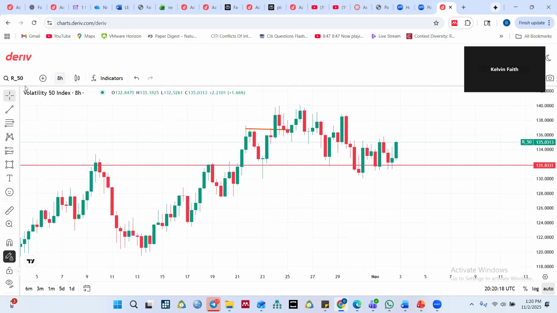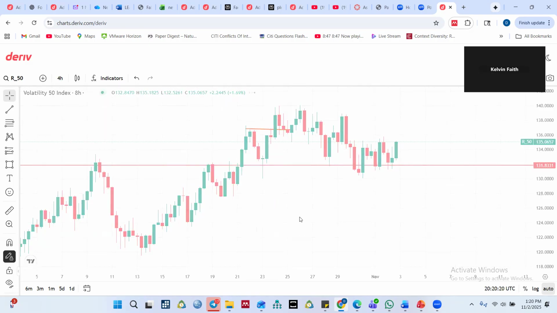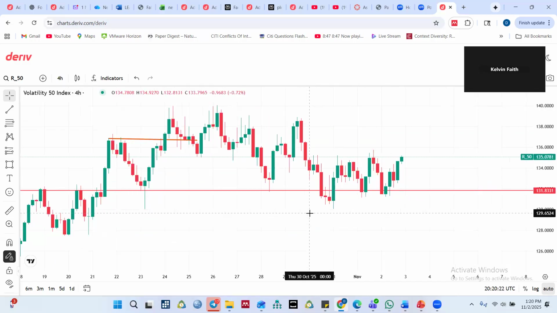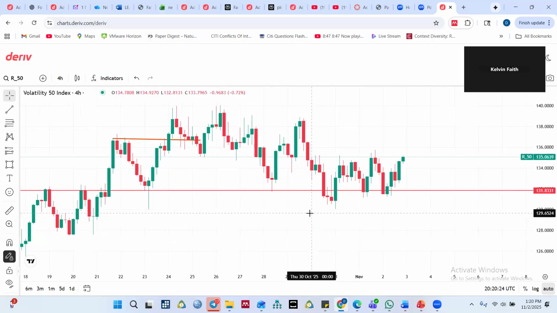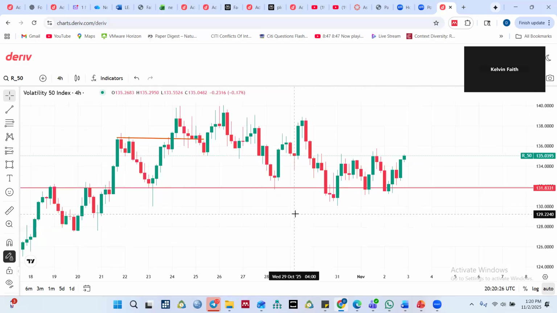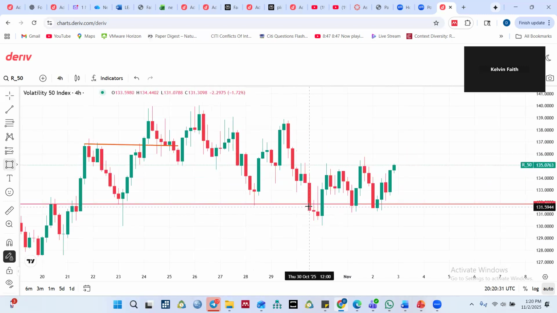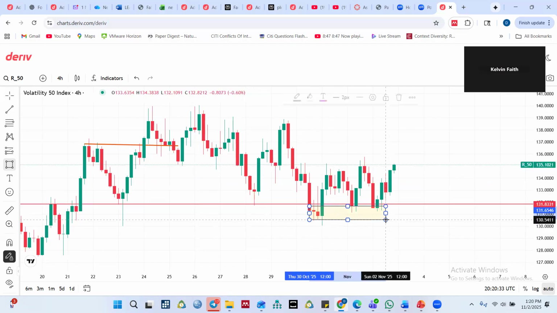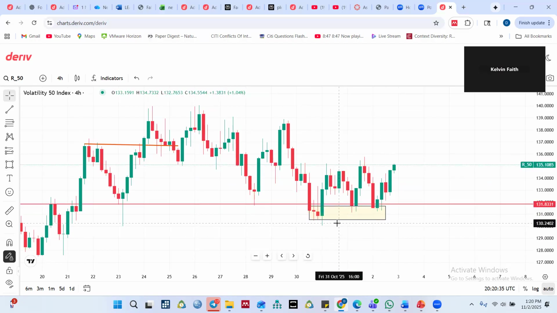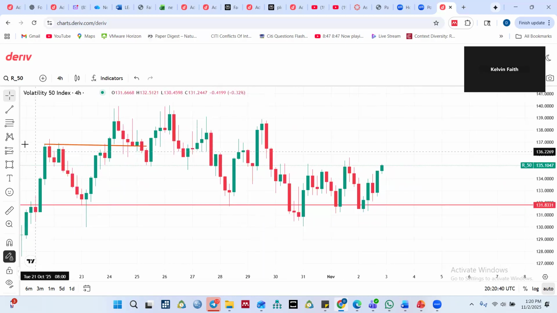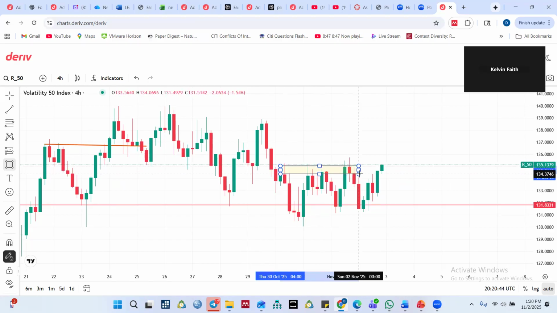But now let's go to 4 hour and then see what is happening on 4 hour. This is from the bigger time frames. So let's go to 4 hour. So on 4 hour, we can still see the bearish indication here, which is good. But internally here, we can see that there is relative equal highs or sellers here.